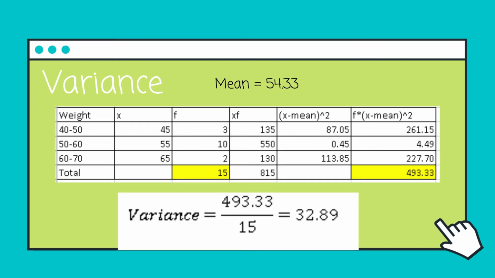Then we have these results, and we multiply by the frequency of each range, and then we add all the values of the final column, and we obtain 493.33. We divide by the total frequency, which is 15, and we obtain the variance, which in this case is 32.89.